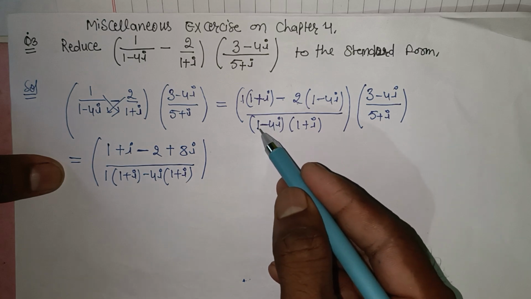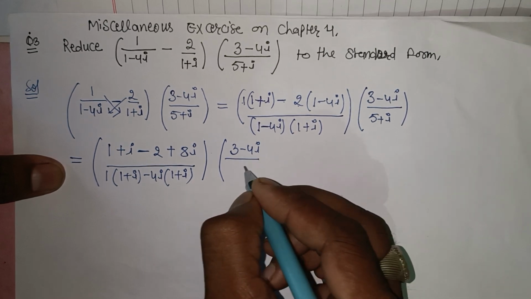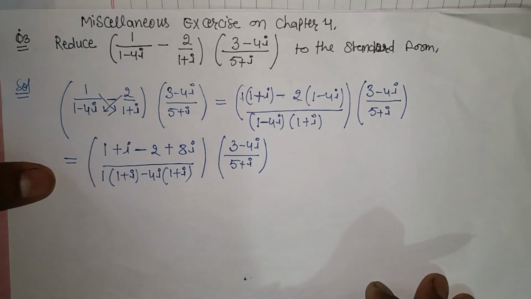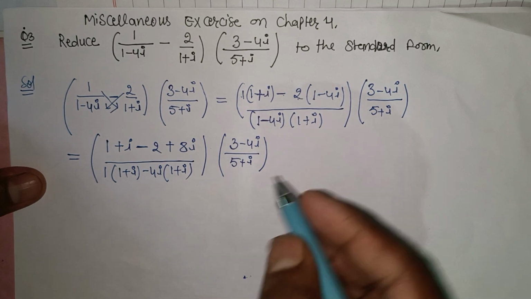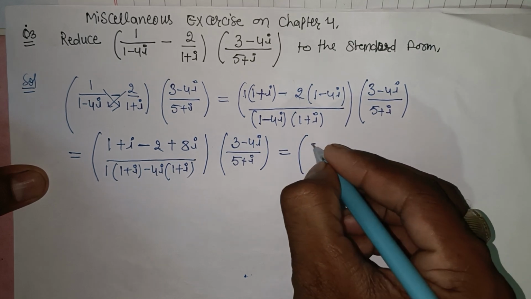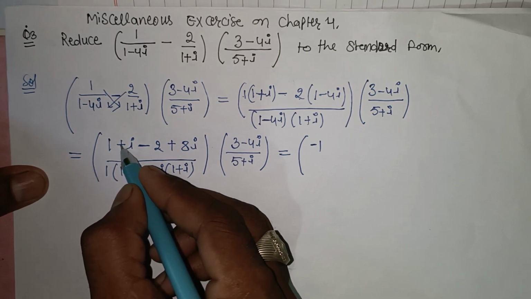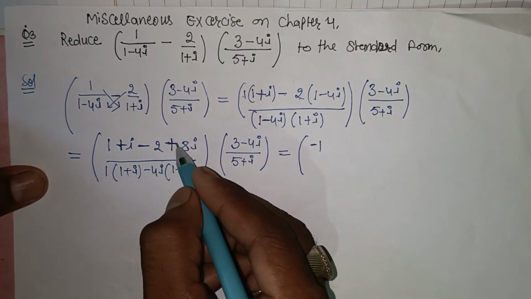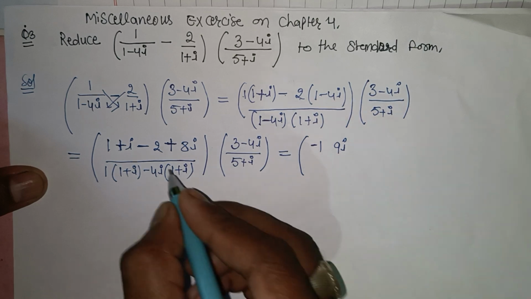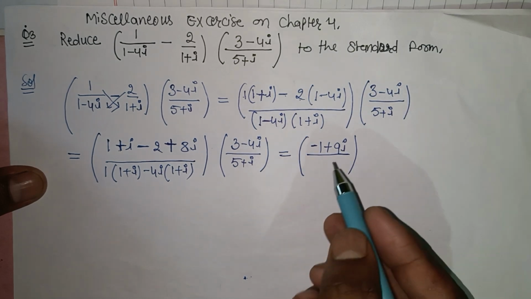Here we distribute these terms. Now 1 minus 2 is equal to minus 1, and these are the like terms, and 8 iota plus iota equals 9 iota.